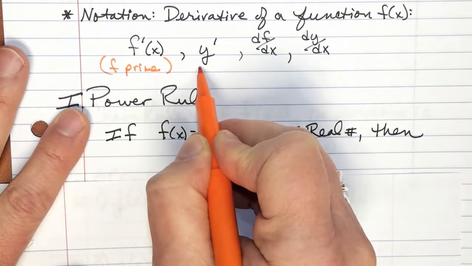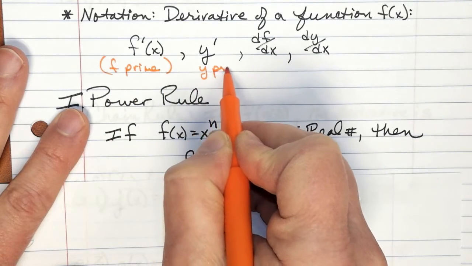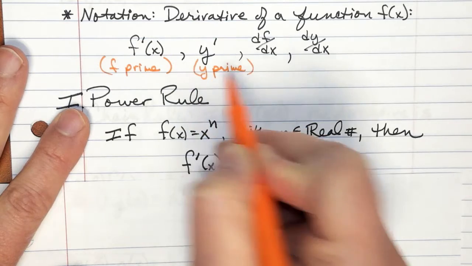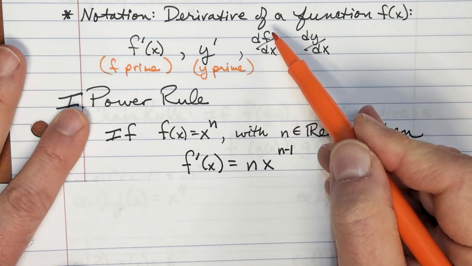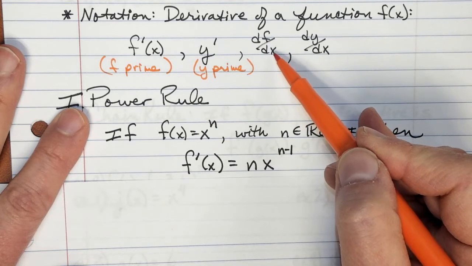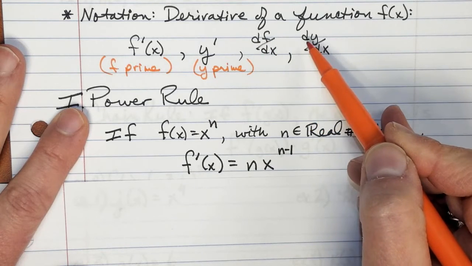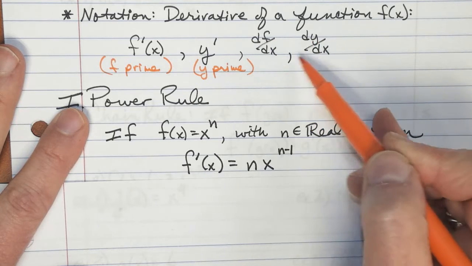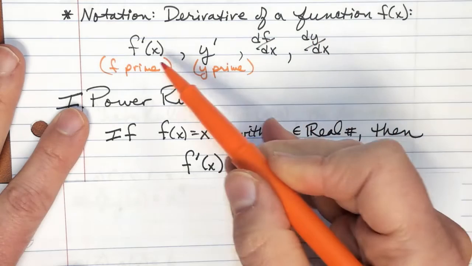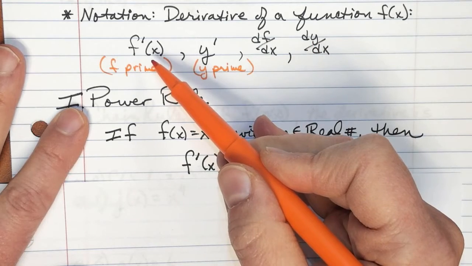This would be y prime. Sometimes you'll see the differential of the function with respect to x, or the change in y with respect to x, dy over dx. You'll see this notation as well. We usually use f prime of x.